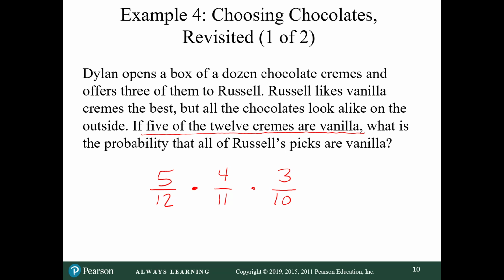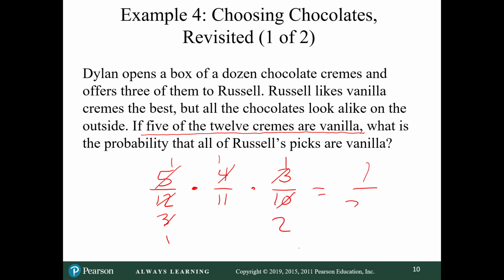Now, when we do this, you can multiply the top, multiply the bottom, and reduce. The problem with that is some of these get really, really huge. So what's 4 times 3? 12. So 12 over 12, those cancel out. The 4 and the 12 are 1 and 3. The 3 and the 3 are 1 and 1. The 5 and the 10 are 1 and 2.